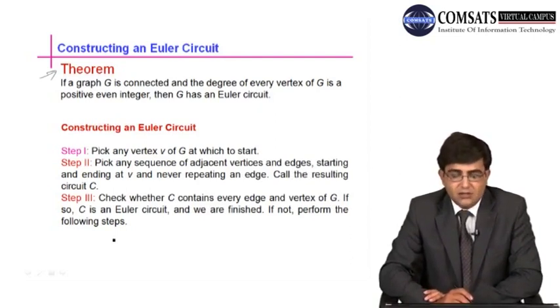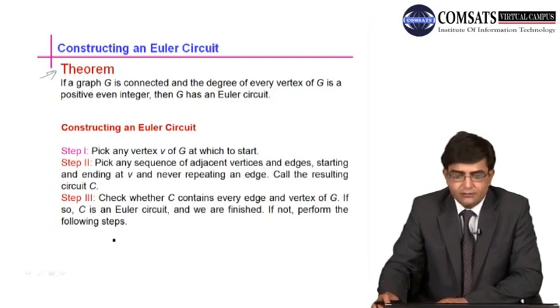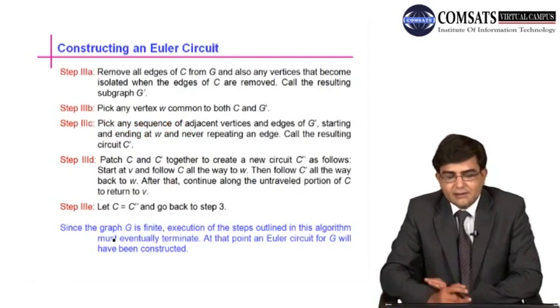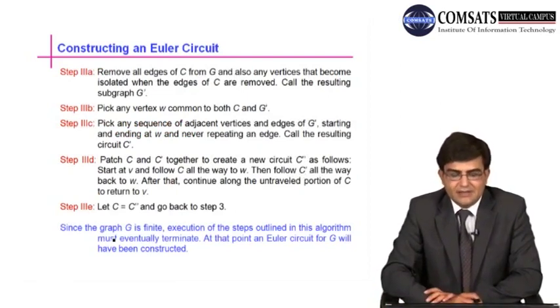If not, then check whether C contains every edge and vertex of G. If so, then C is an Euler circuit, and we are finished. If this is not the case, we perform the following steps, which are the sub parts of step 3.